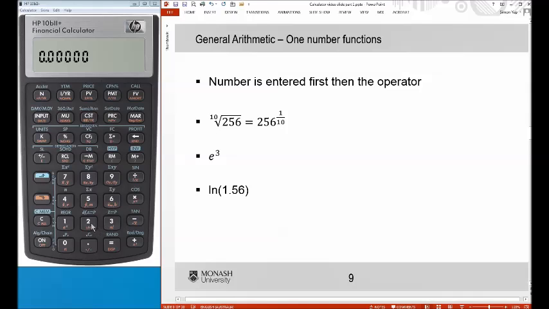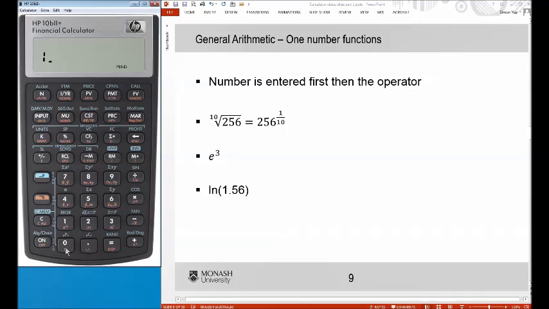First, we press 256, to the power of. Now you will see the PEND annunciator appear. Then we need to inverse the number 10, make it into 1 over 10.